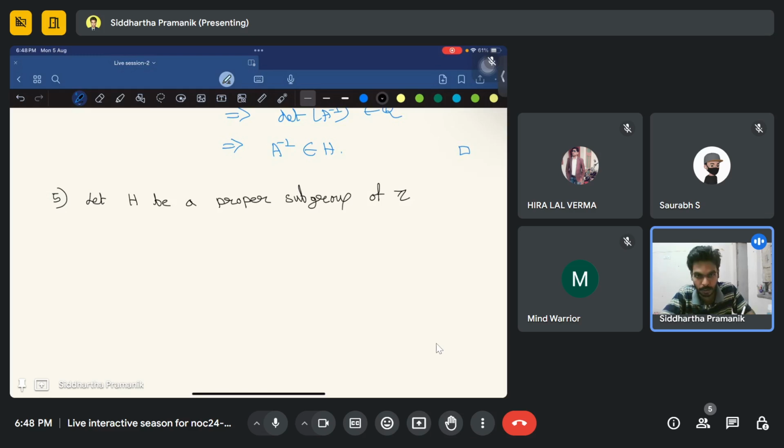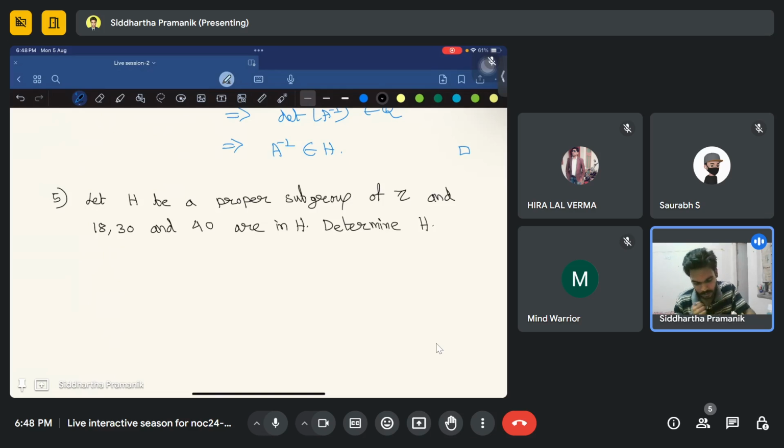Z means Z under addition, obviously. And also assume these three elements 18, 30 and 40 are in H. So the question is you have to determine the subgroup H.